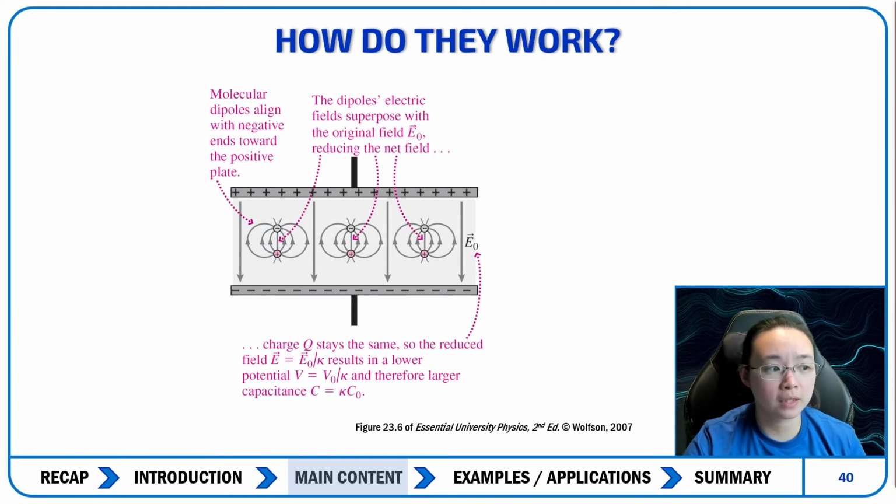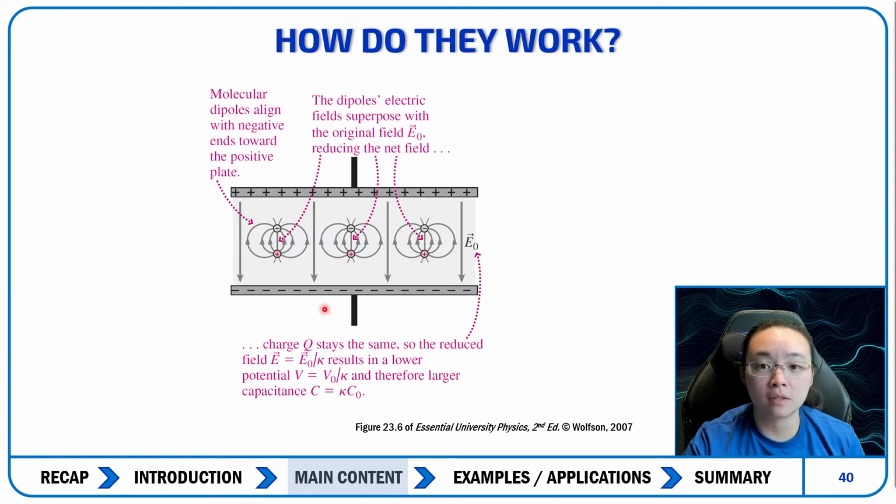Now, how does it work exactly? If I insert a dielectric, first of all, a dielectric is made up of a bunch of molecular dipoles that are going to be manipulated within the presence of an electric field. Now, the parallel plate capacitor, which has a bunch of positive charges and negative charges on either end, will have a strong electric field.